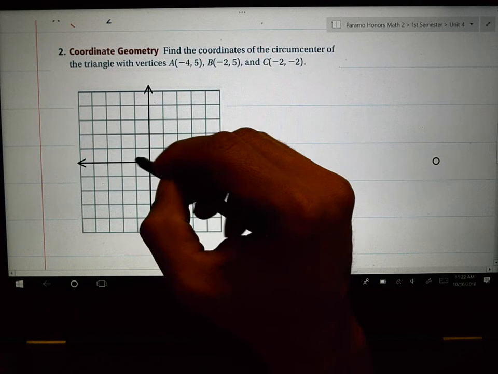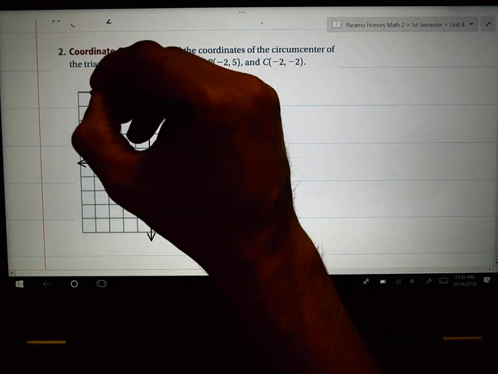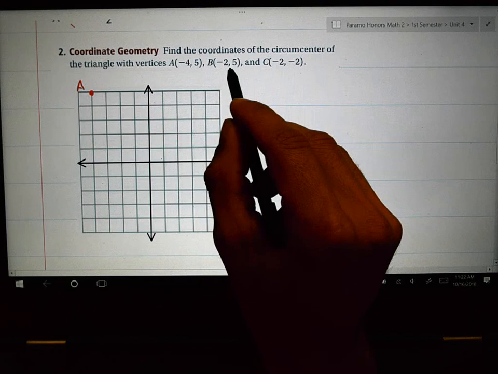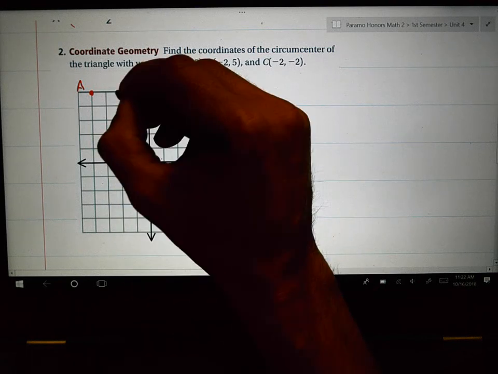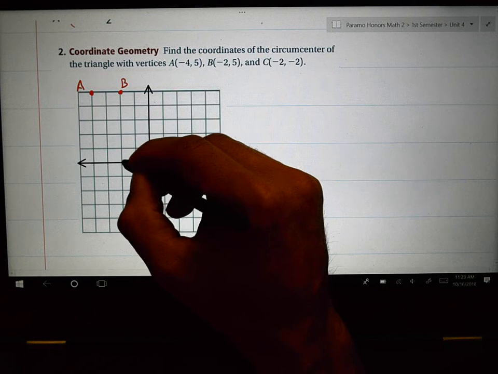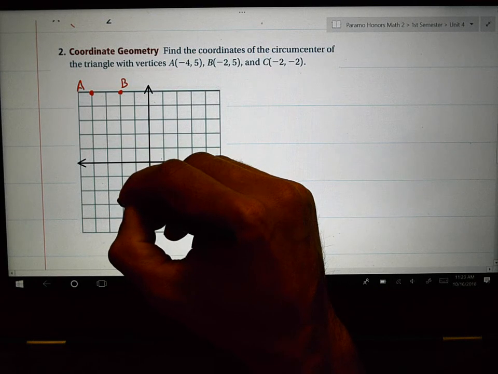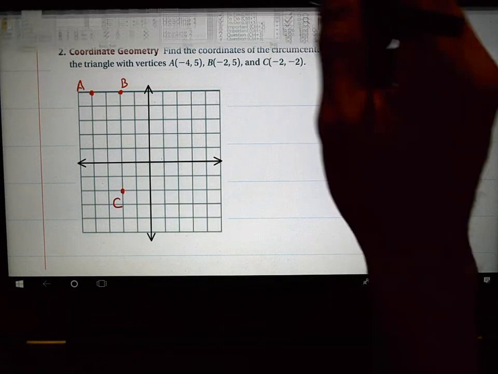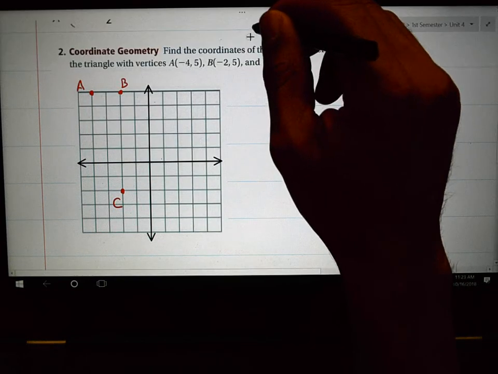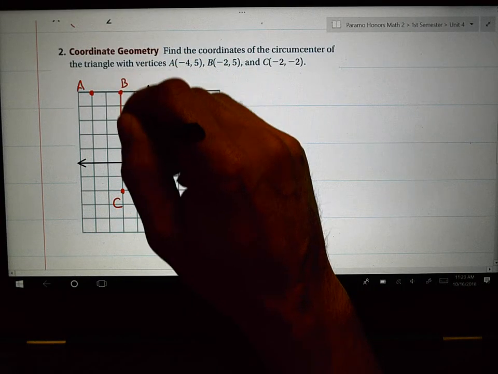Let's do that. -4, 5 is A. B, -2, 5. For C, -2, -2. Then what I'm going to do is connect these.